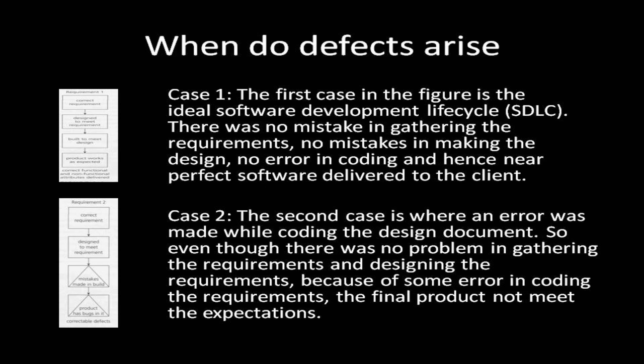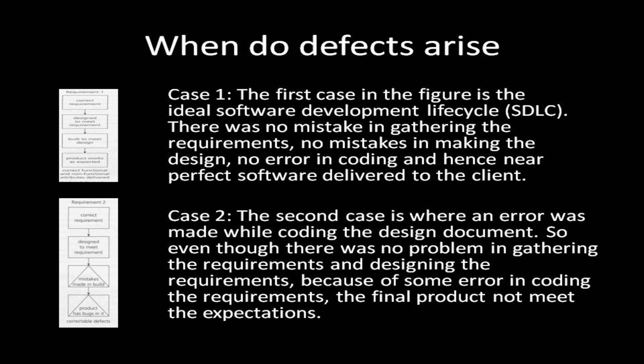Case 1. The first case in the figure is the ideal software development life cycle, SDLC. There was no mistake in gathering the requirements, no mistakes in making the design, no error in coding, and hence near-perfect software delivered to the client.